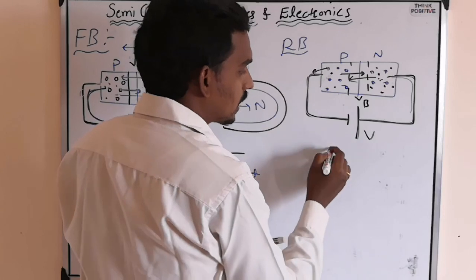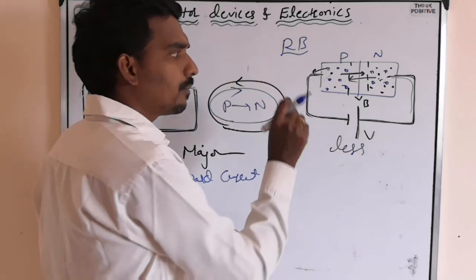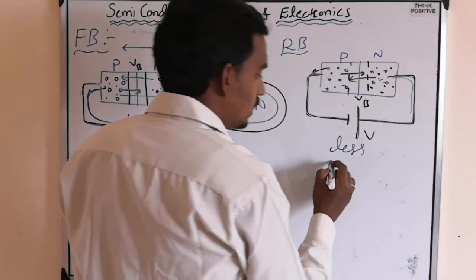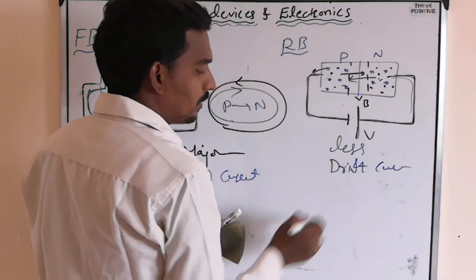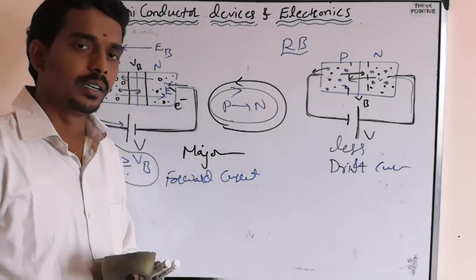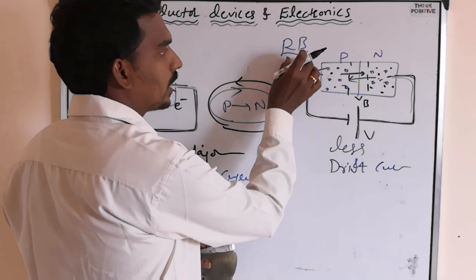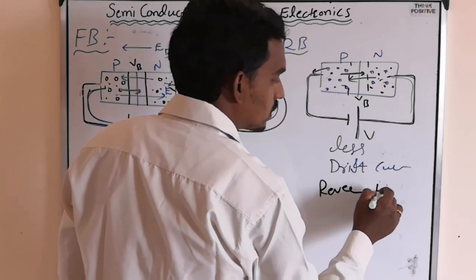That's why here the current is very less, because the number of minority charge carriers is very less, and this current we call drift current. But drift current is very less compared to diffusion current, and this type of mode we call reverse bias, and this current is called reverse current.